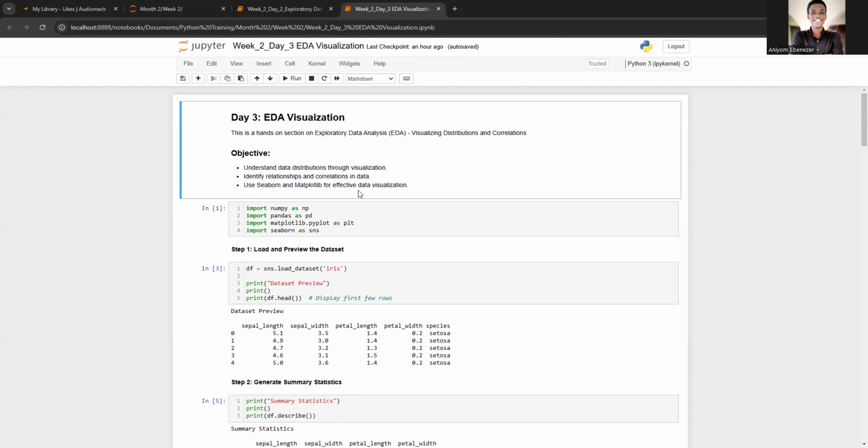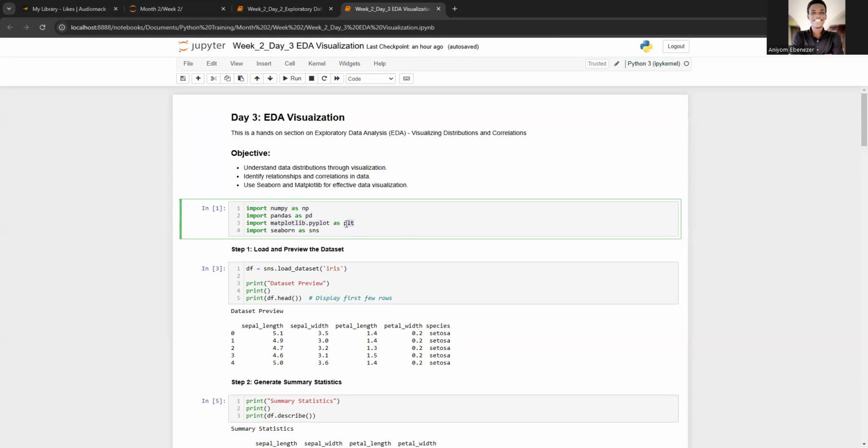Before you go ahead to do all of this, you first have to import the main tool we are dealing with, which is numpy as np, as well as pandas as pd. And then we import another tool known as matplotlib.pyplot as plt.